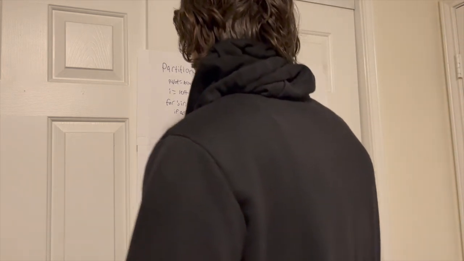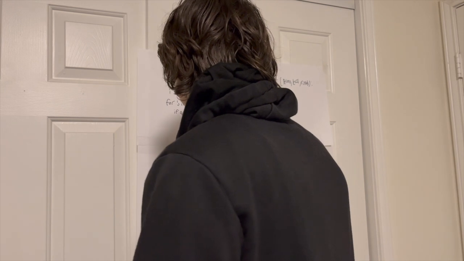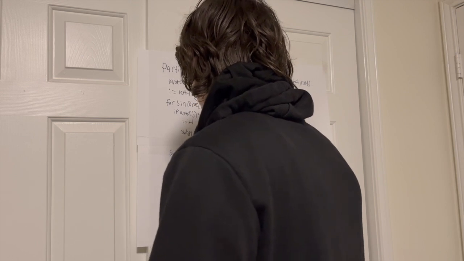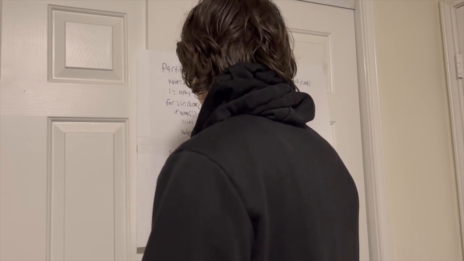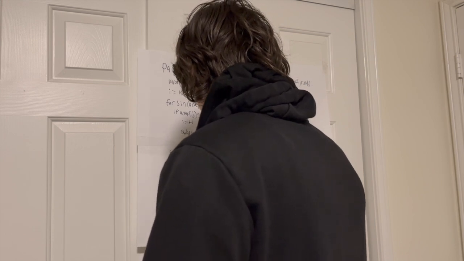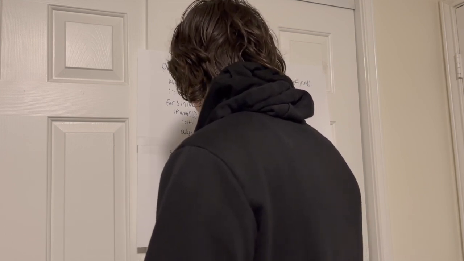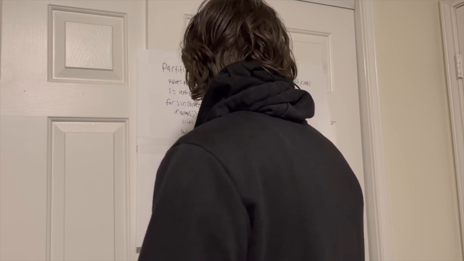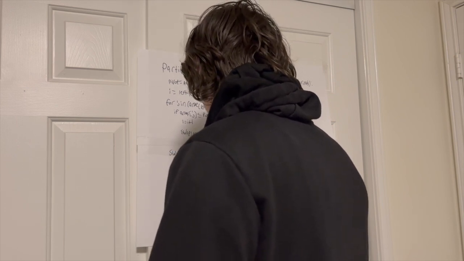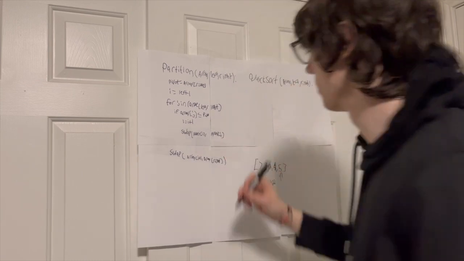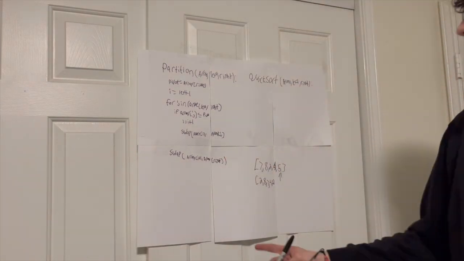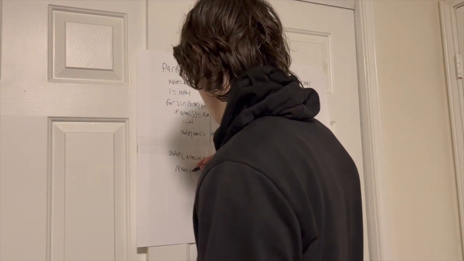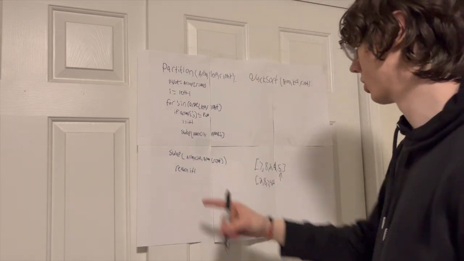So we'll say swap array[i plus 1] with array[right], which array[right] is the pivot. And then lastly, we're going to return i plus 1. And this is for our quicksort function. We'll get into that shortly.